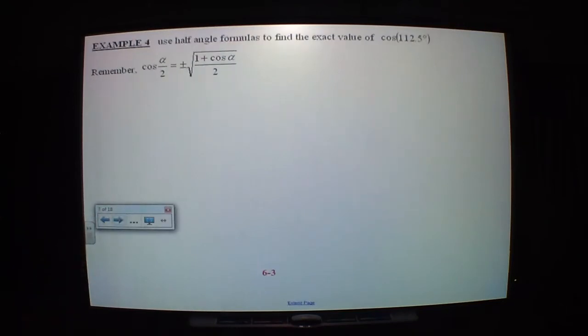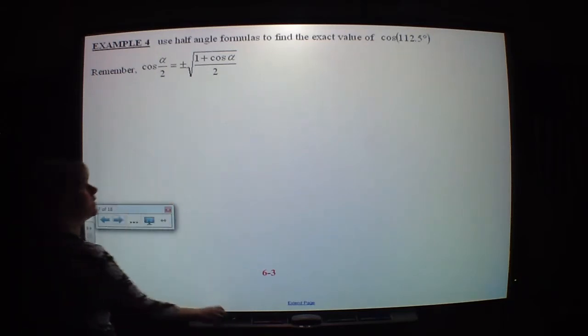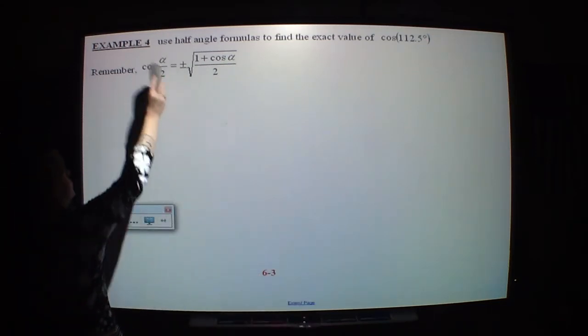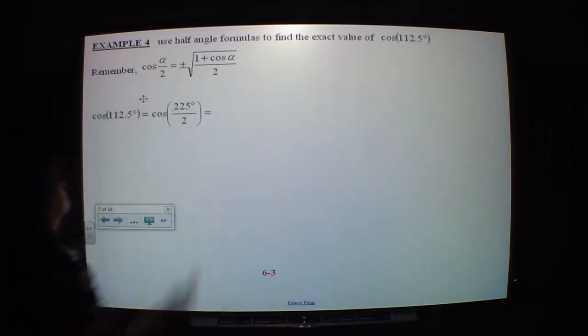Next example, half angle formulas. 112.5. If you double 112.5, you get 225. So I can call this the cosine of 225 over 2. That is 112.5.